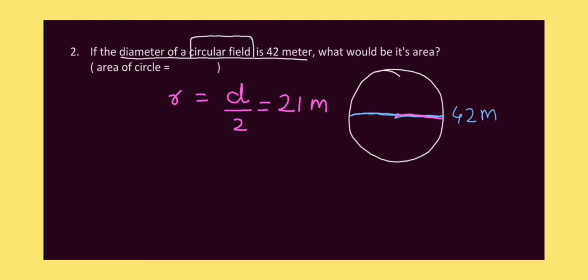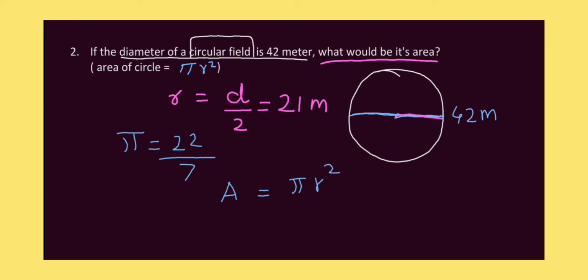Now what is asked in the question is, what would be its area? So the area of a circle, here I have put the blank. The formula for the area of a circle is pi r square, where the value of pi is taken as 22 by 7. Area of a circle is equal to pi r square, that means pi multiplied by r multiplied by r.